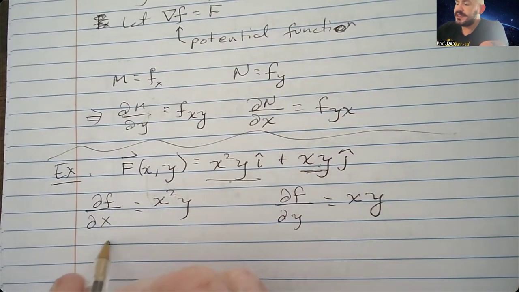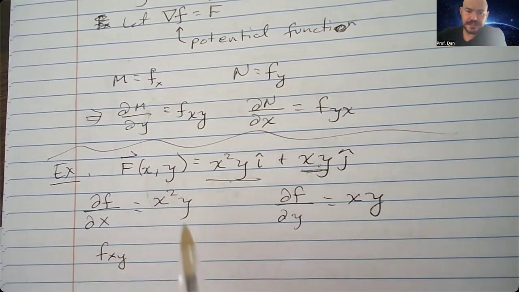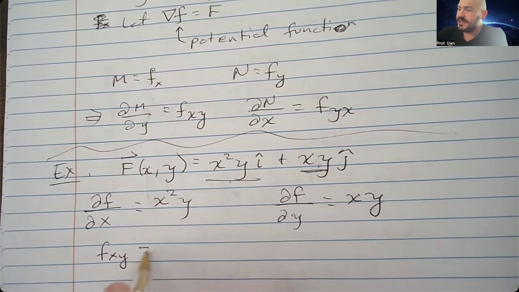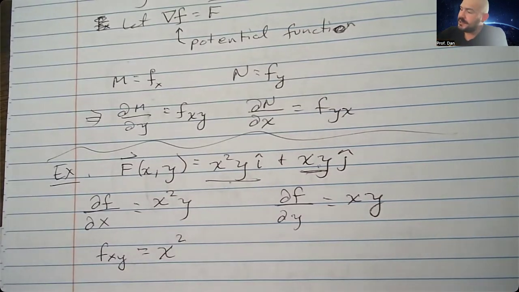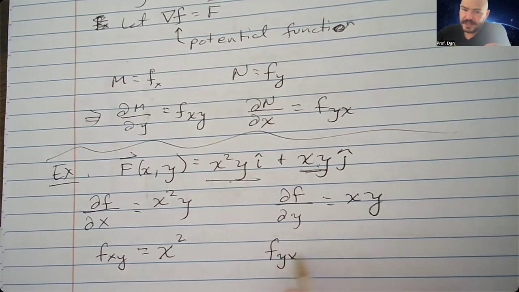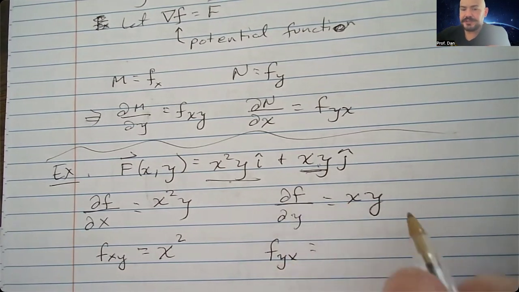So if I take my second partial, fxy, I'm going to start with fx and take the derivative with respect to y. This would give me x squared. Now, if I do the same and I look at fyx, I have my partial with respect to y.